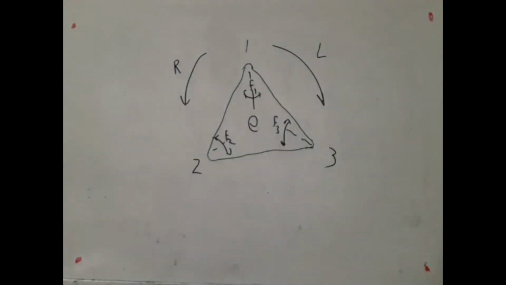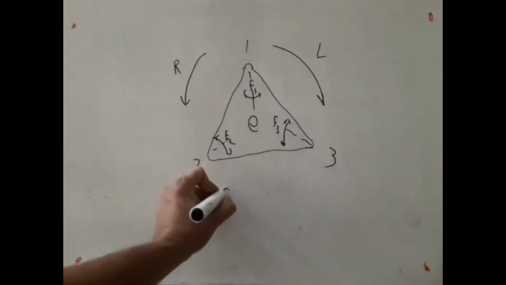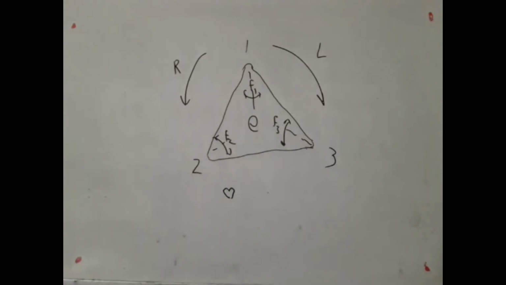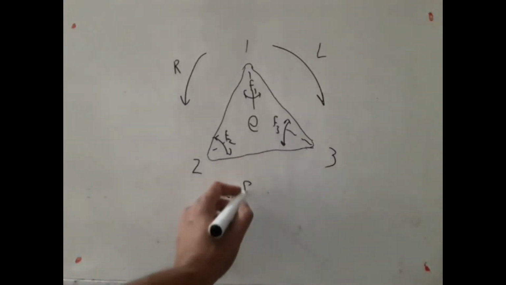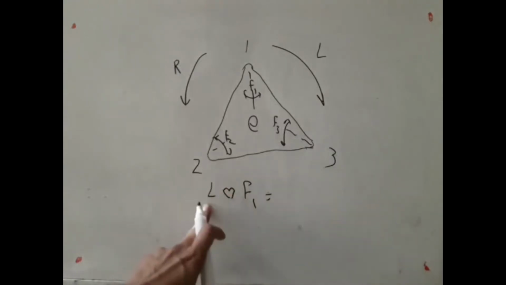Now the operation that I will be talking about here is what I had mentioned earlier. I denoted it by the heart shape. This is read as "followed by" or "and then". So if I say L heart F1, it means you first apply L, follow it with F1.